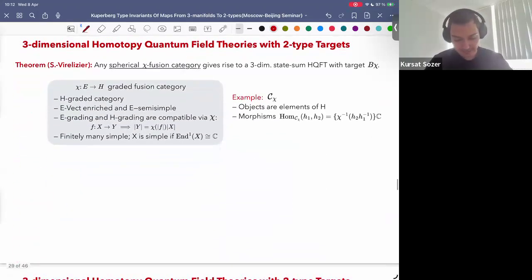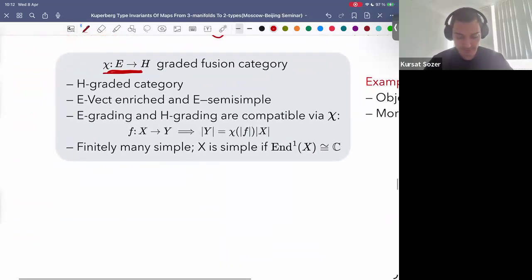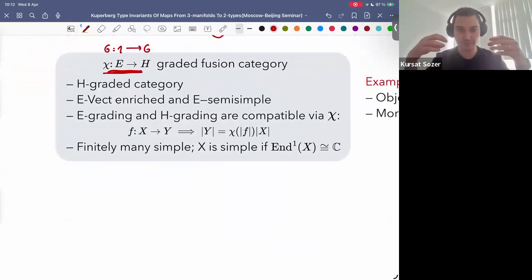And what is this chi-fusion category? Remember, when we are given a crossed module, as before, the group corresponds. So everything should be parallel. We are extending from 0-types to 1-types to 2-types.